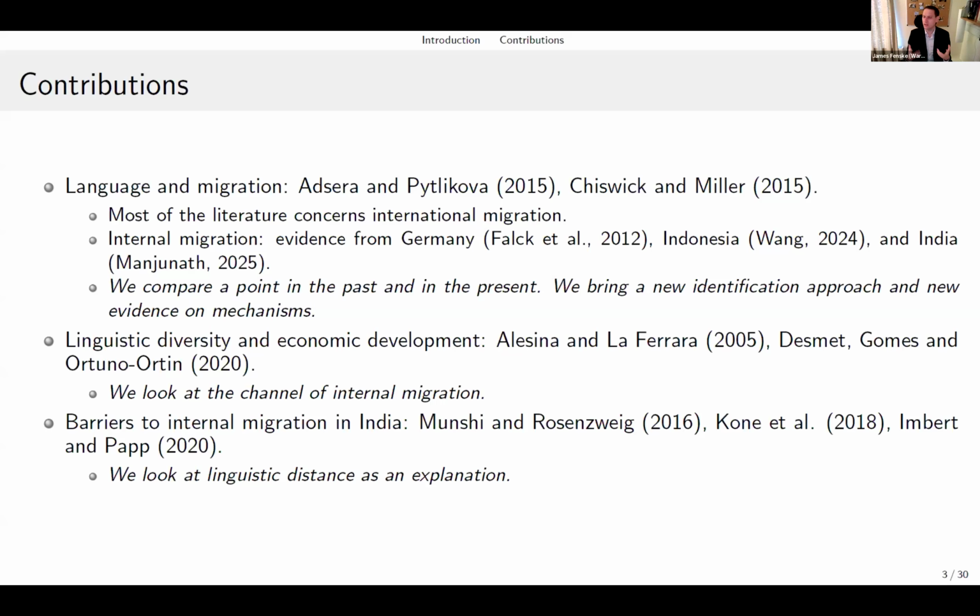And this is a literature that finds mechanisms in both directions. So if we are a country full of very dissimilar groups, do we disagree on public goods and thus end up with not very many public goods at all, or public goods that favor one group rather than favoring economic development? On the other hand, it could be the case that more diverse countries come up with more ideas and so grow more as a result.